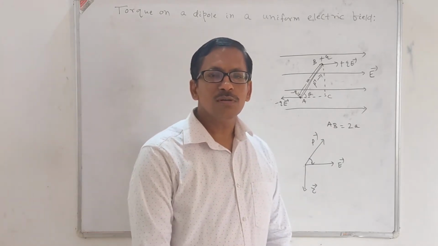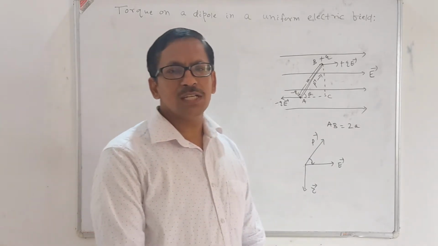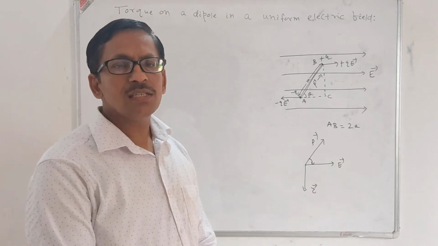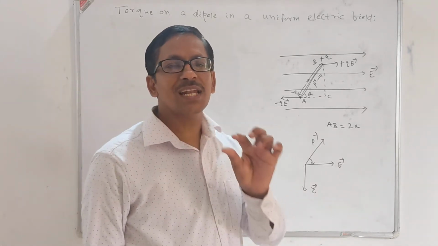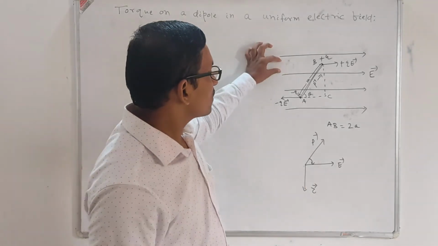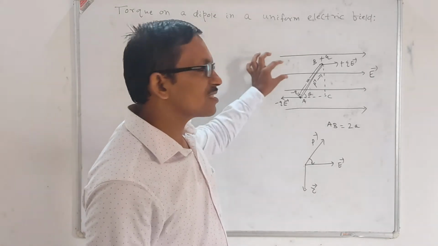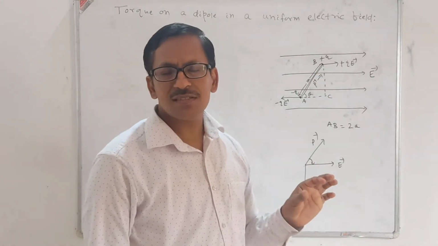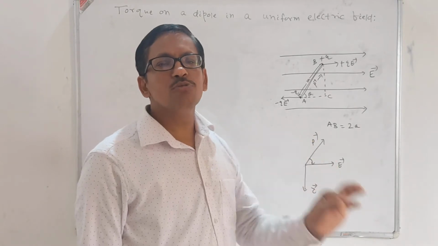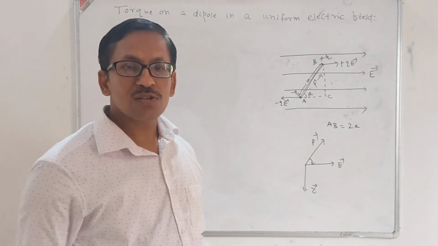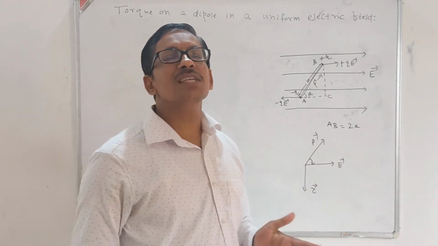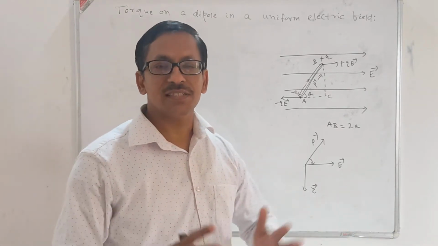You know, a uniform electric field is represented by equispaced parallel lines. See now, the space between any two lines is the same. That means the electric field is uniform. So now an electric dipole is placed in a uniform electric field.